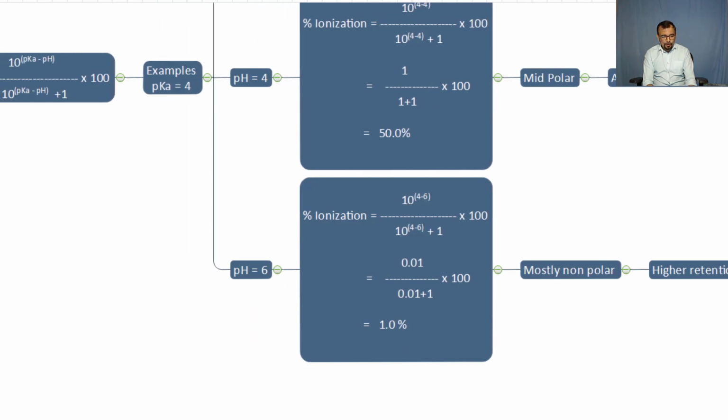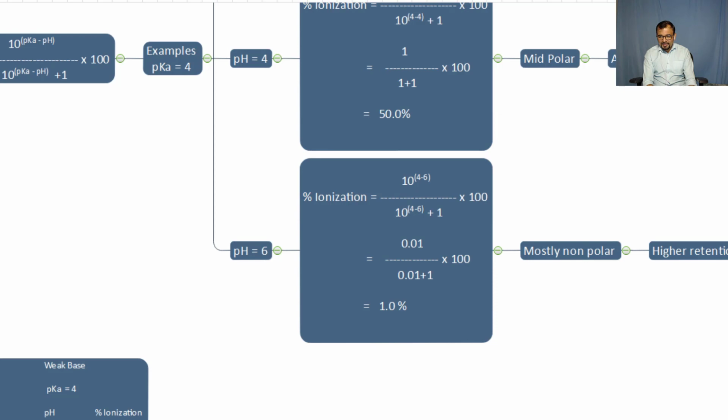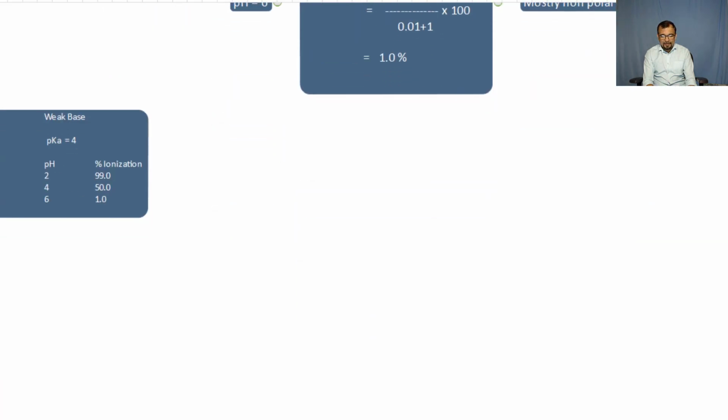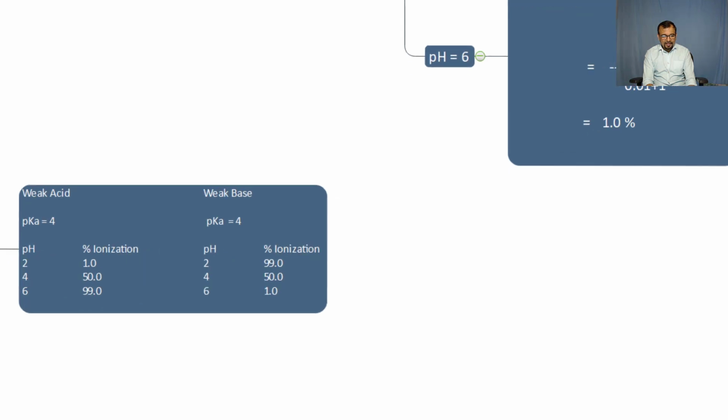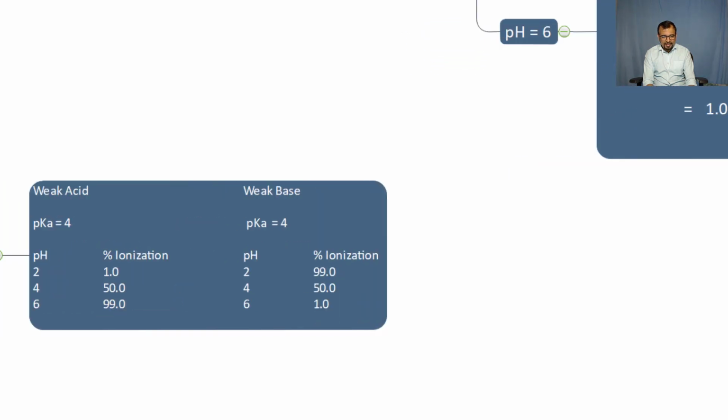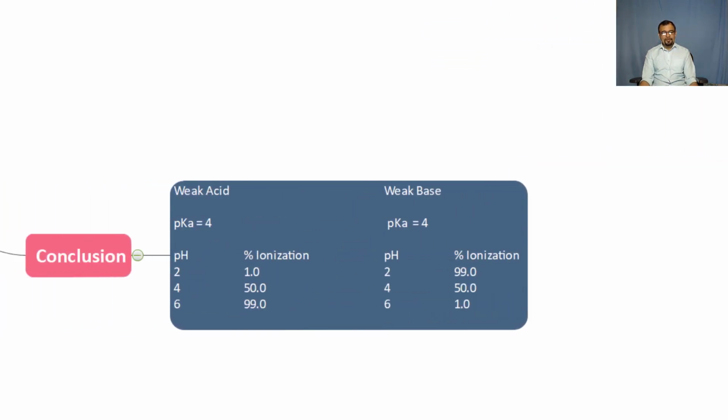And if you want to conclude, let us look at this section of the presentation as well. Okay, and this will give you an idea, overview how the percent ionization can change. So with the weak acid for pKa 4, pH equal to 2, only 1% ionization.